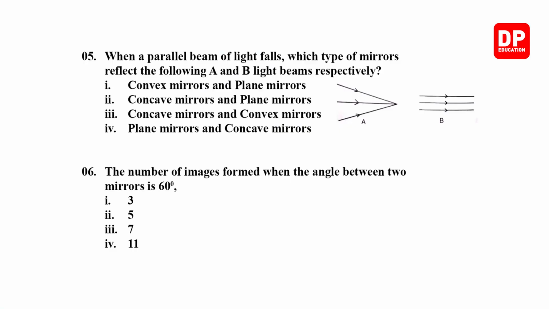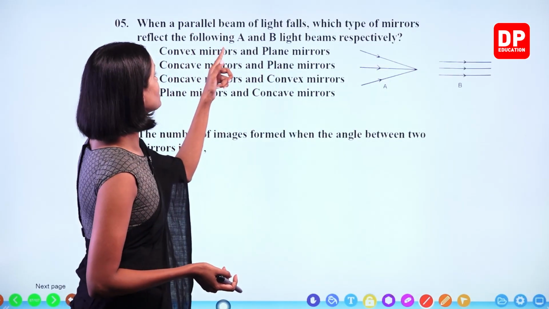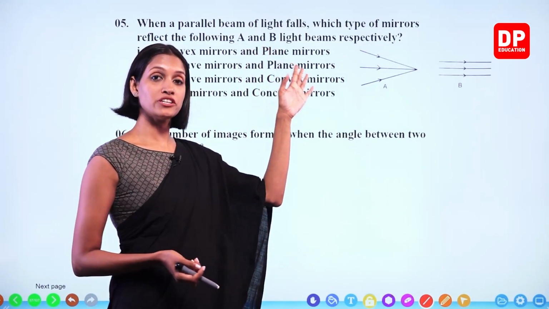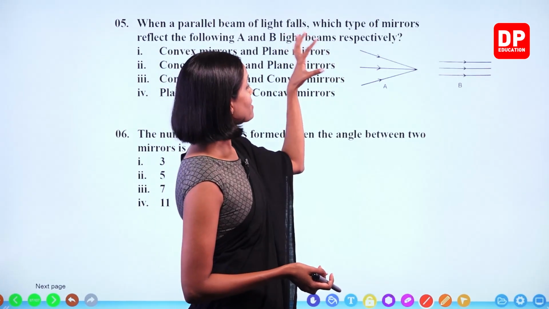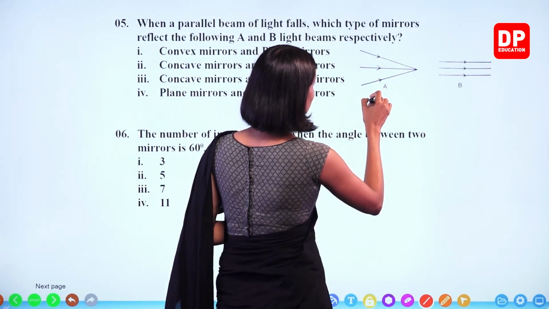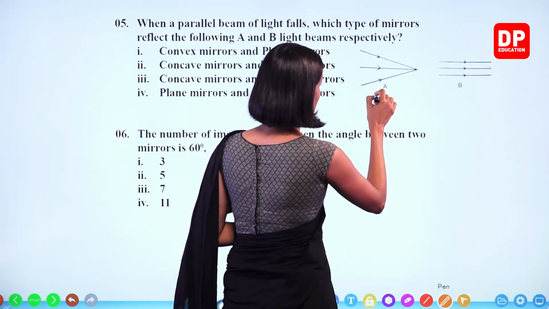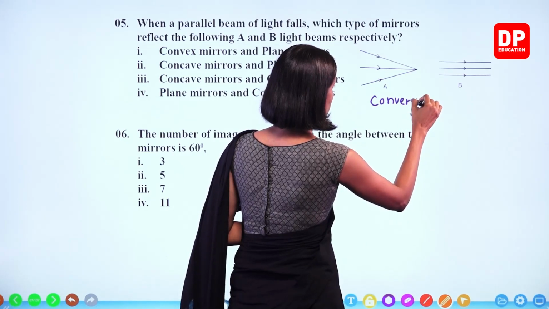When a parallel beam of light falls, which type of mirrors reflect the following A and B beams respectively? Right? So, when a parallel beam forms, now this A is a converging beam.